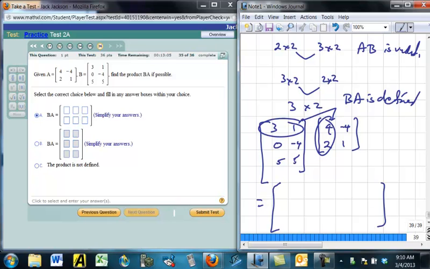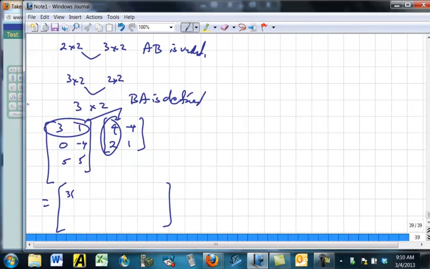Let me make this bigger. Might need a little more room. So this is 3 times 4 plus 1 times 2. So that's 12 plus 2, which is 14. So we got the first one.